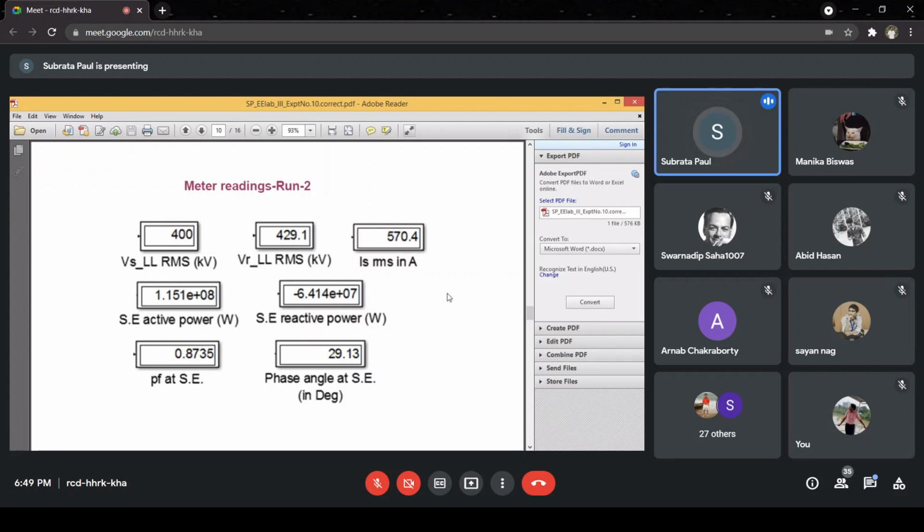The excess VAR then equally goes to both the sending end and the receiving end. Half goes to the receiving end, half goes to the sending end, right? That means the sending end in that case will absorb VAR. That is why it is negative.